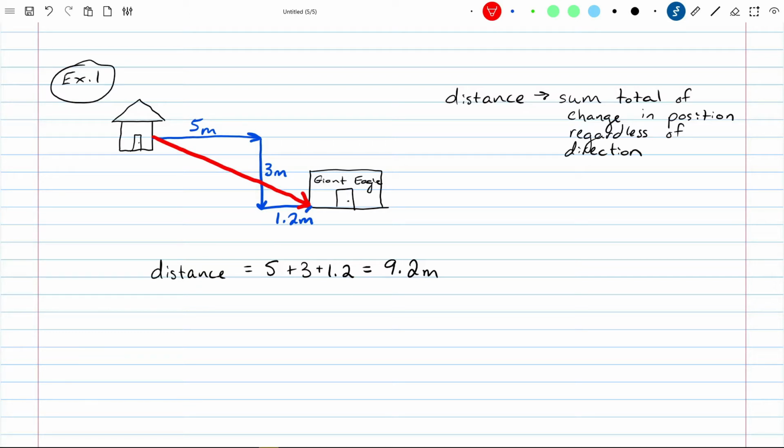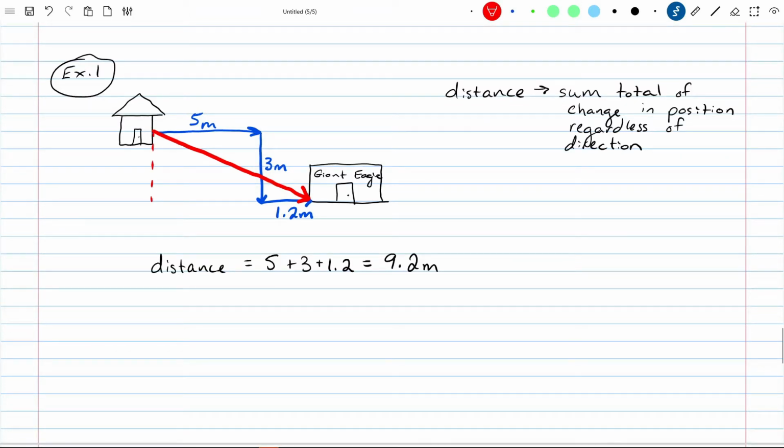You might be looking at this and thinking, I don't want to deal with two different triangles. Come on, that's just way too much work. The nice thing is we can just add these things together. I'm going to turn this into just one big triangle. The red is the new triangle that we're going to deal with.